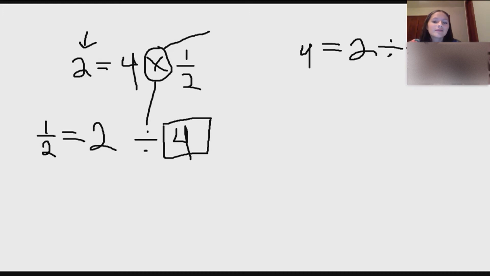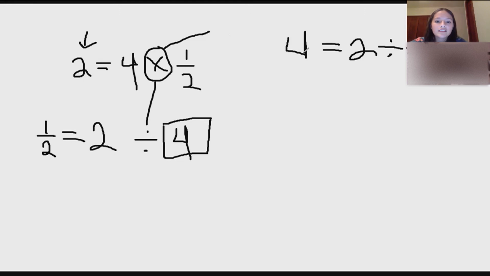Now let's check it. 2 divided by 1/2, does that give you 4? If you want to check, how do you divide 2 by 1/2?